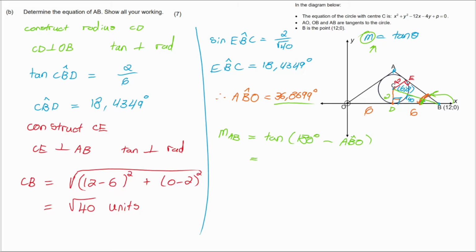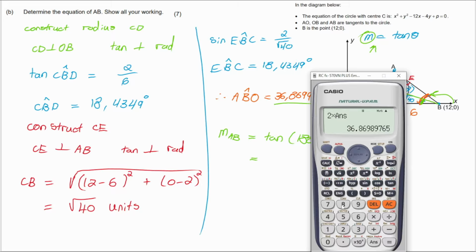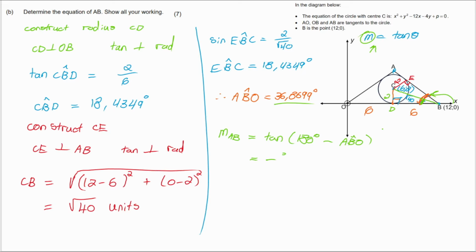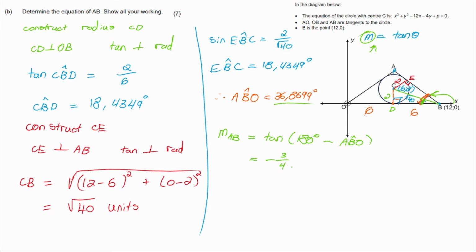So if I go to my calculator and I say tan of 180 minus that answer I had there, it is negative 3 over 4. So my gradient is negative 3 over 4 units, which is brilliant. Now I remember they asked for the equation of AB, the line equation. The equation is y equals mx plus c.